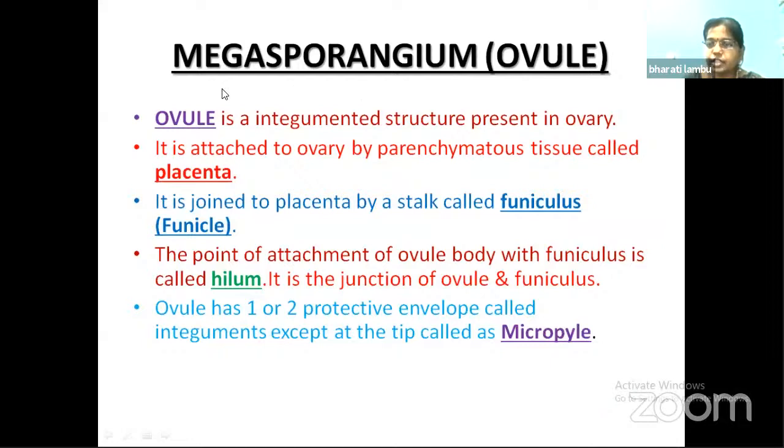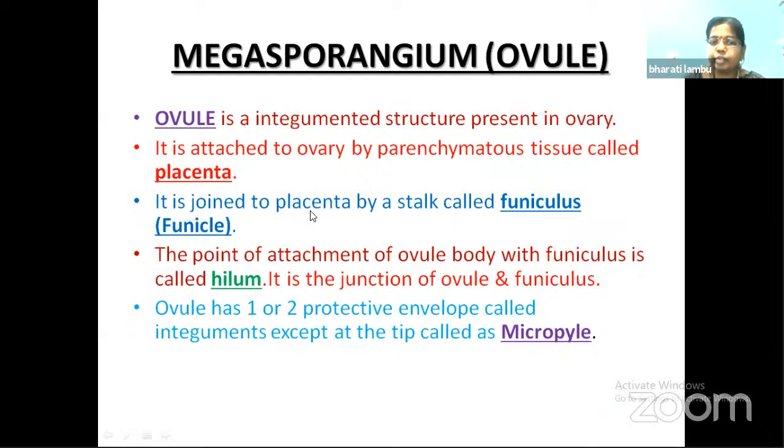It is called megasporangia and integumented structure, or in short, integumented megasporangia. So in the exam, if they ask what is the integumented megasporangia in the flower, it means it is an ovule. So what is the connection between the ovule and the ovary? It is through the parenchymatous tissue called placenta. So placenta will help in the connection of the ovule with the ovary.